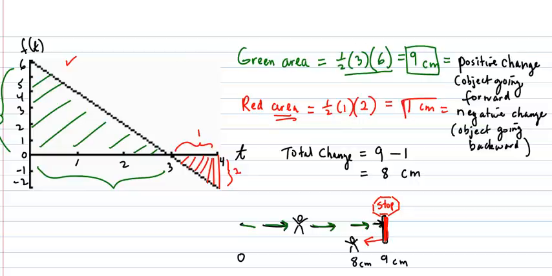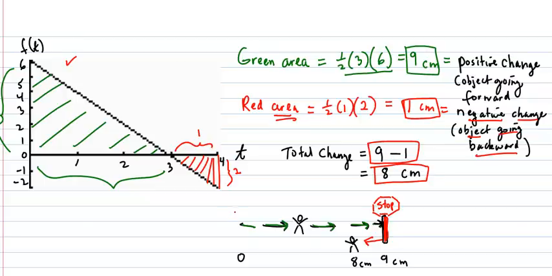That's 1 centimeter. But then you say that's negative change, object going backward. So the total position change is the 9 going forward minus the 1 going backward for a total change of 8 centimeters. In actuality, the guy went 10 centimeters. He went 9 going forward and 1 coming backward, but the position change is only 8 centimeters.